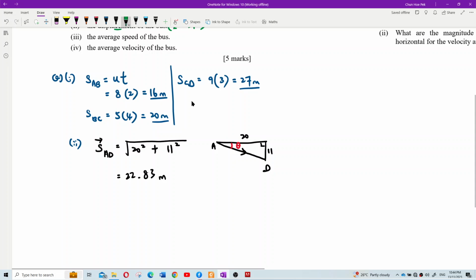Okay, so tangent theta equal to 11 over 20, isn't it? 11 over 20. So 11 divided by 20, then antitangent.